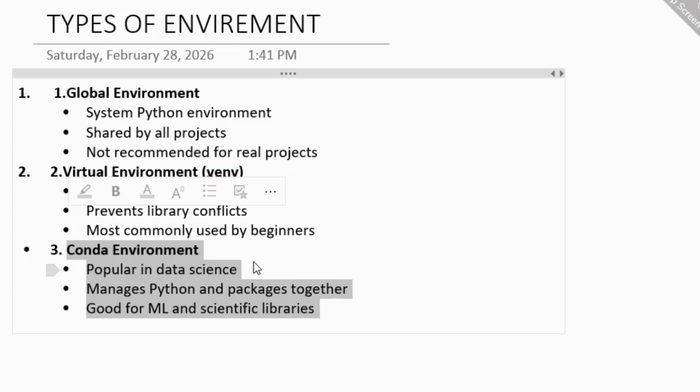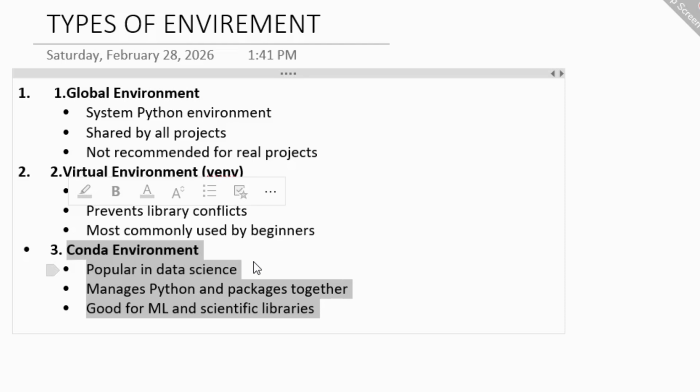It works similarly to a virtual environment. It also creates a separate space for each project where you can install libraries and tools. The main difference is that Conda uses its own package manager.